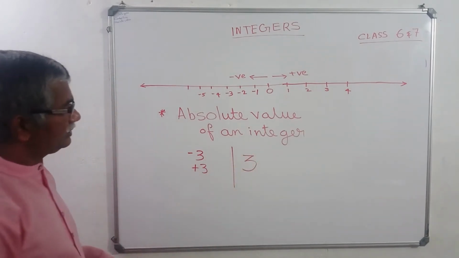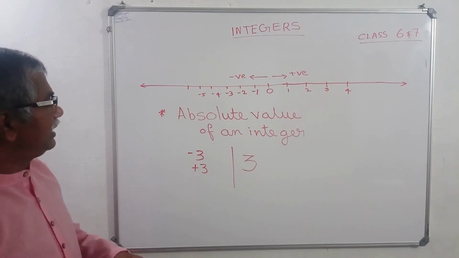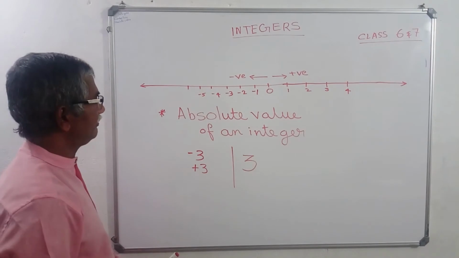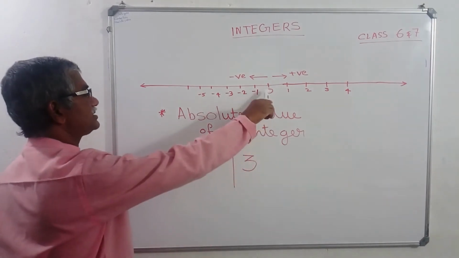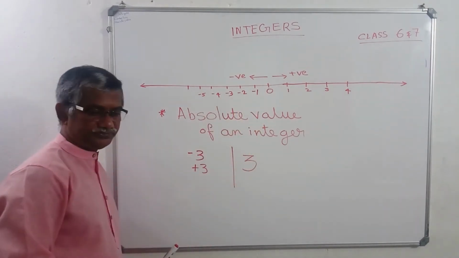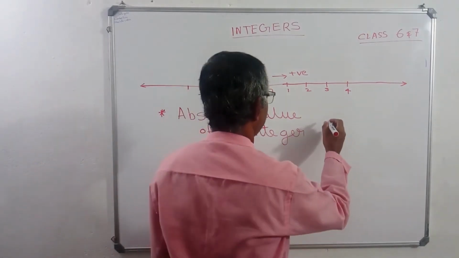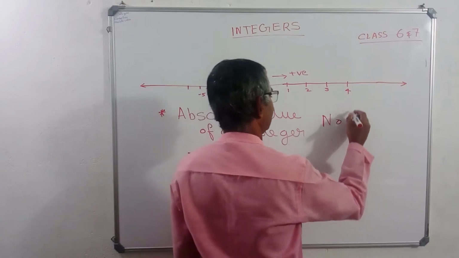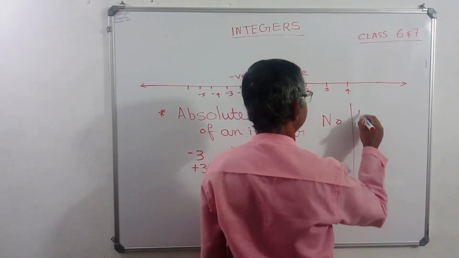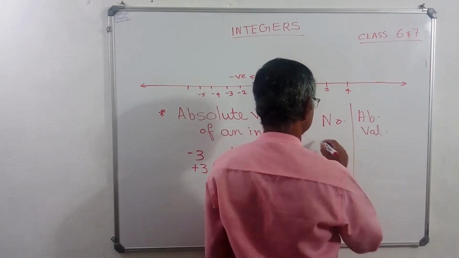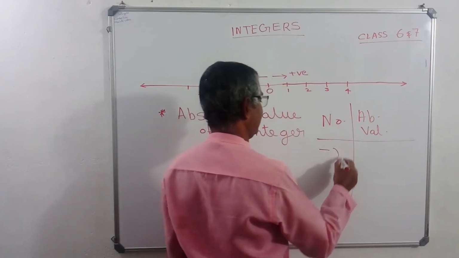So simply, if you are comparing with the number line and thinking about the absolute value of an integer, it will be the distance from 0. Again, we can write it as that number's absolute value. Consider negative x.